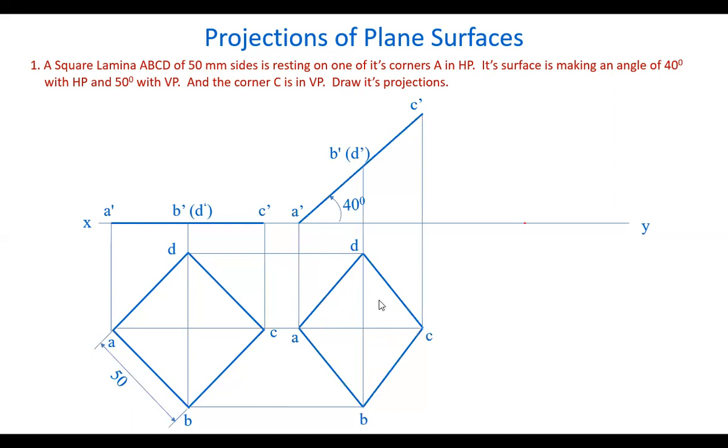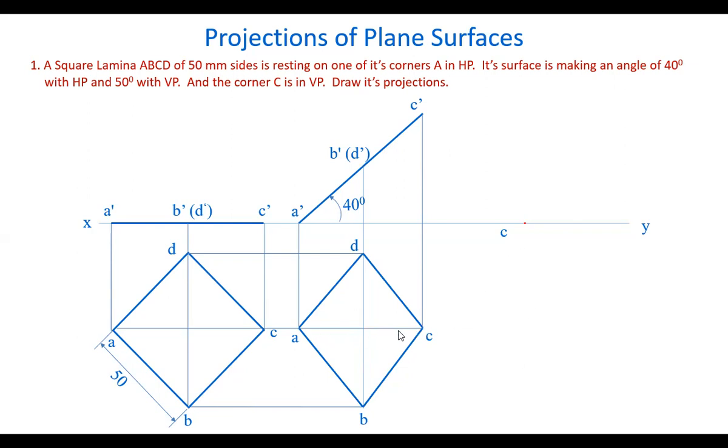Now, let's reproduce the top view here such that the corner C is in VP. We want this corner C in the vertical plane. So, let's take a point here, and name it C. Now let's reproduce this by rotating it by 90 degrees. That means this entire plane should be rotated by 90.